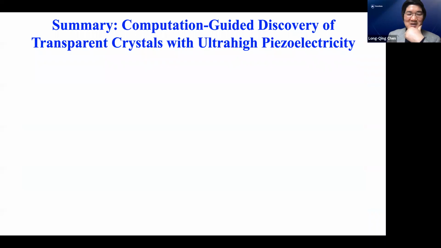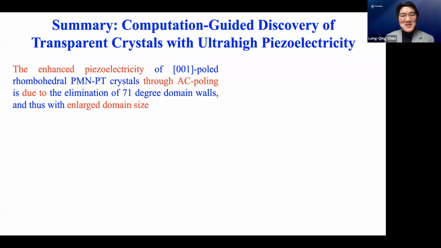So I'd like to summarize this story, really more like the second part of the talk, although the first half is more like an introduction. We show that the enhancement of this 001 poled rhombohedral PMN-PT crystals using AC poling is due to the elimination of 71-degree domain walls, with a larger domain size.